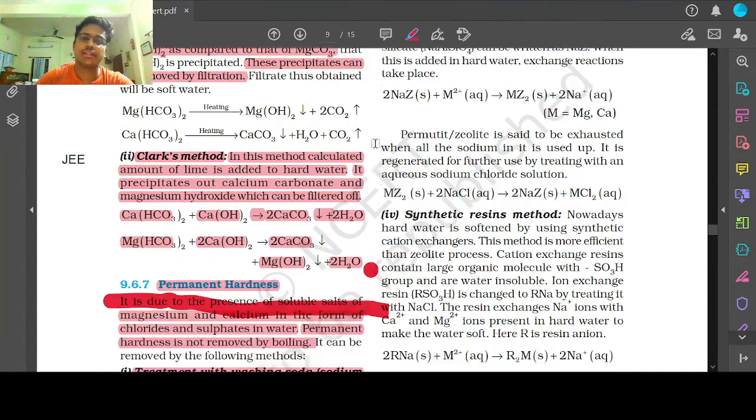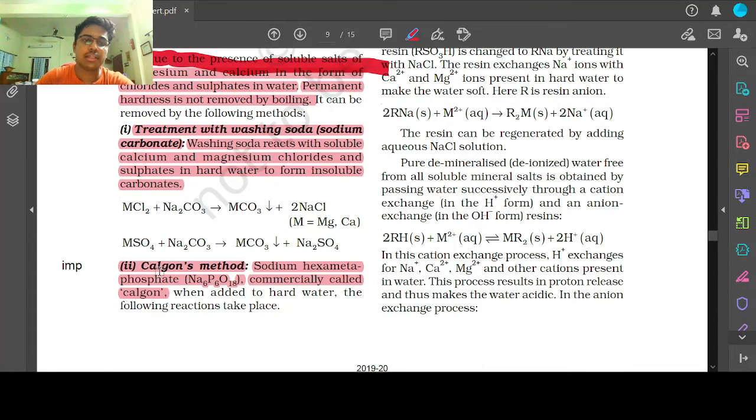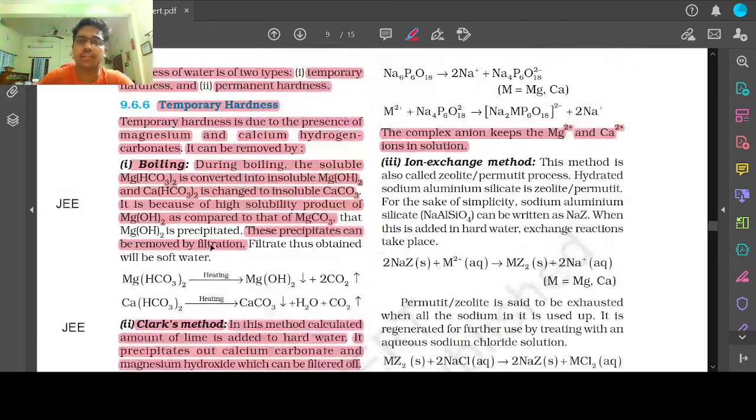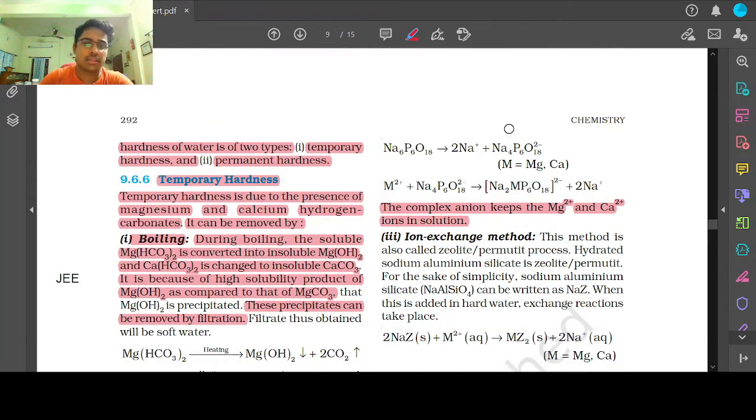The reactions are not so important. Just remember the chemical name, Calgon, sodium hexametaphosphate, and it is used in the removal of permanent hardness. No need of remembering these long reactions, because they don't come. You can just remember the complex that is formed after removal of 2 Na plus.